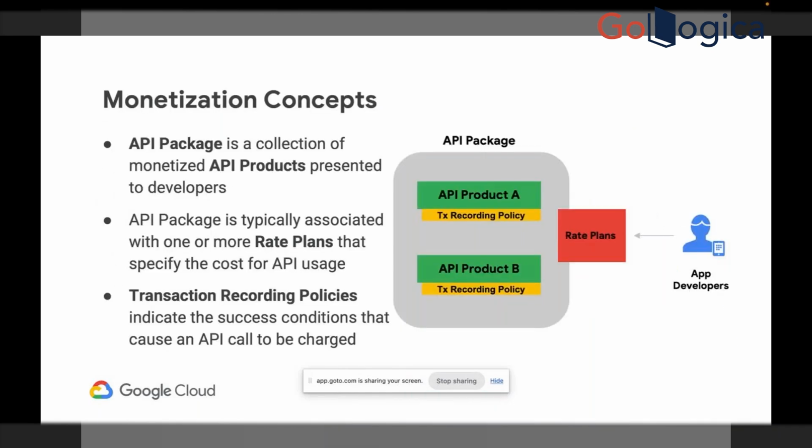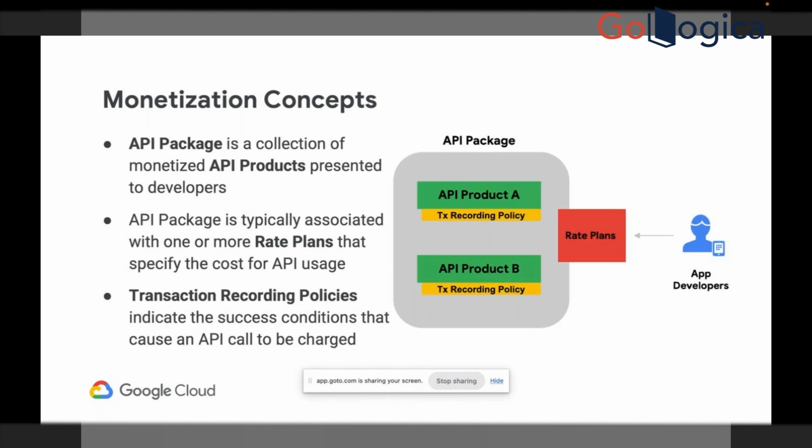Now in Apigee monetization there is some concept. We have the API product, but with monetization Apigee now has an API package. An API package is a collection of products plus rate plans. For each product you assign a transaction recording policy, where you specify what constitutes a successful transaction.